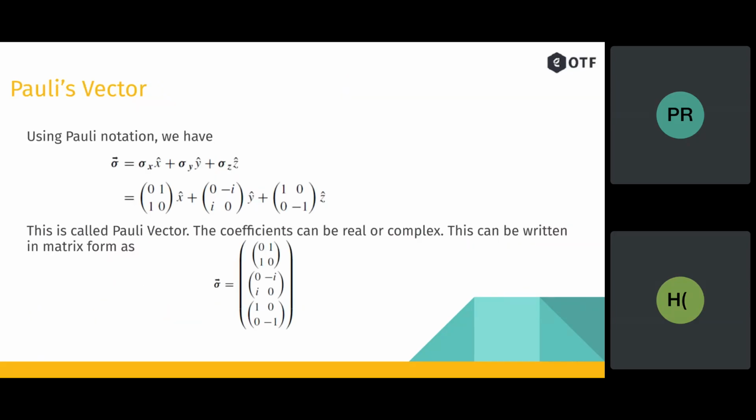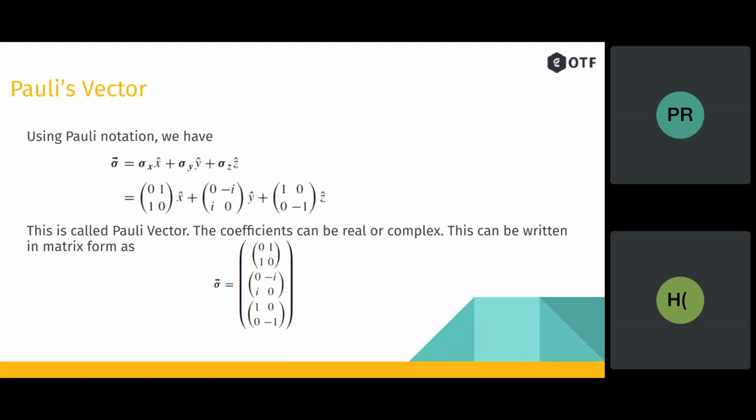They are interchangeable in the sense that a matrix is interchangeable with a vector. So if that's the case, we can represent the Pauli matrix as a Pauli vector. So the notation is reversed.